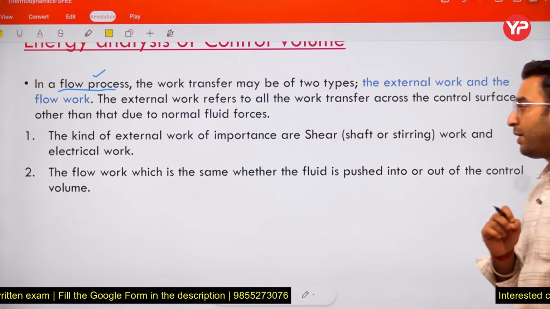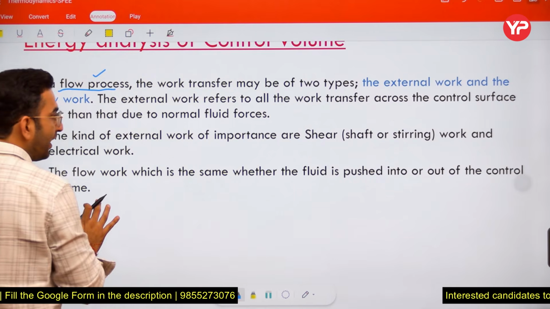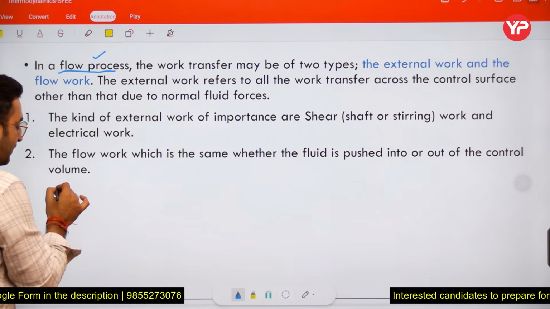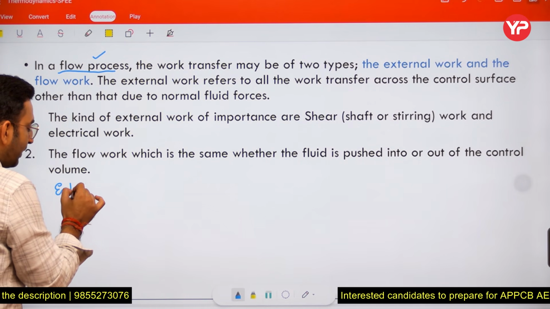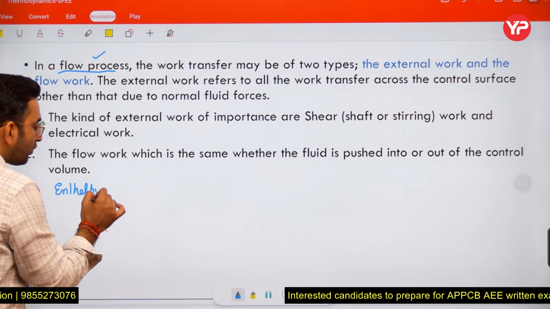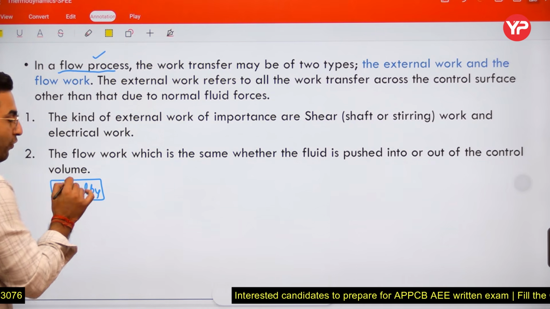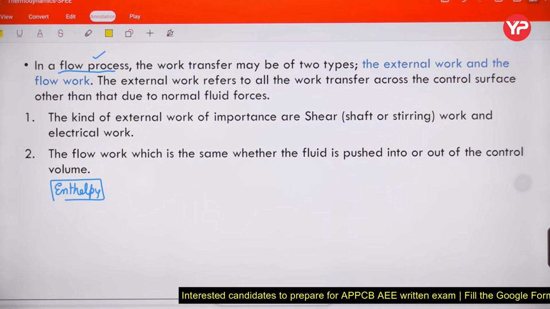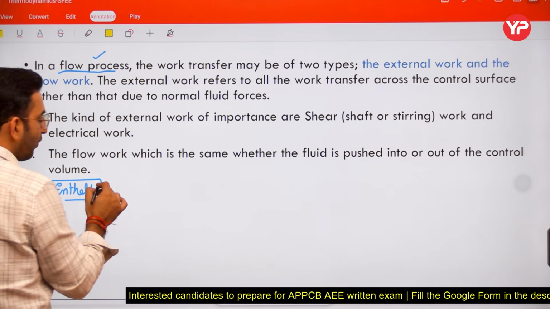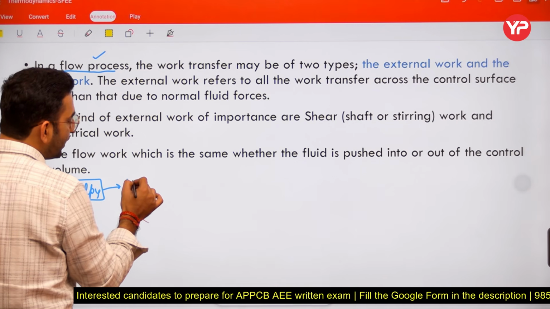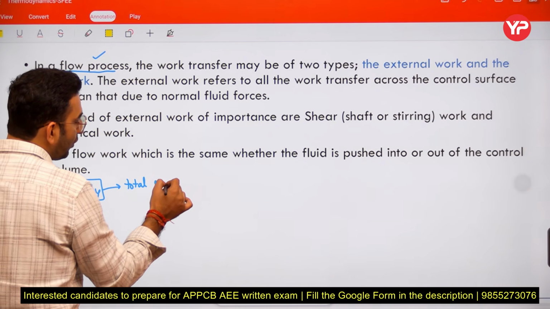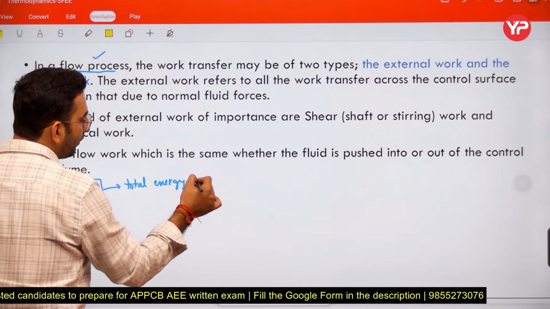Now just see the important part. When we talk about the energies here, the first term which we study is the enthalpy. Enthalpy represents the total energy of a moving fluid which is there due to the fundamental properties like pressure, volume and temperature. So it represents the total energy of the moving fluid. That is the first thing.